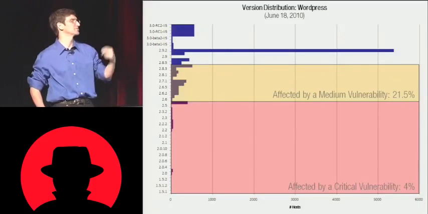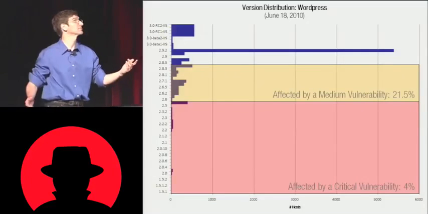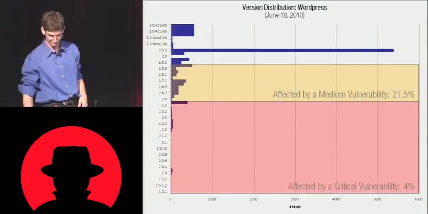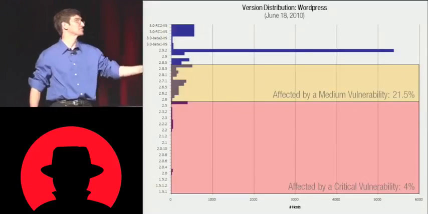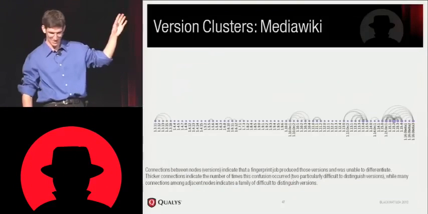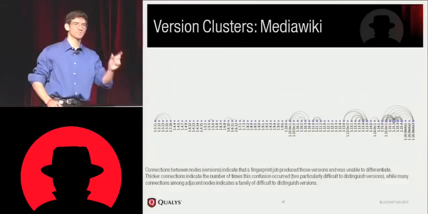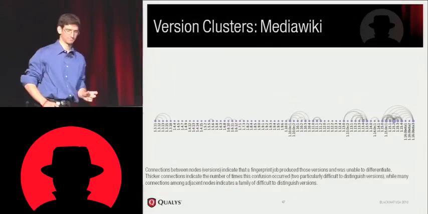So there are some more significant conditions for this one. But that's kind of cool for WordPress. So hopefully contravening a little bit of conventional wisdom and salvaging their reputation there. I am not paid by WordPress. So, version clusters. Obviously, we said we're talking about sets of possibilities.